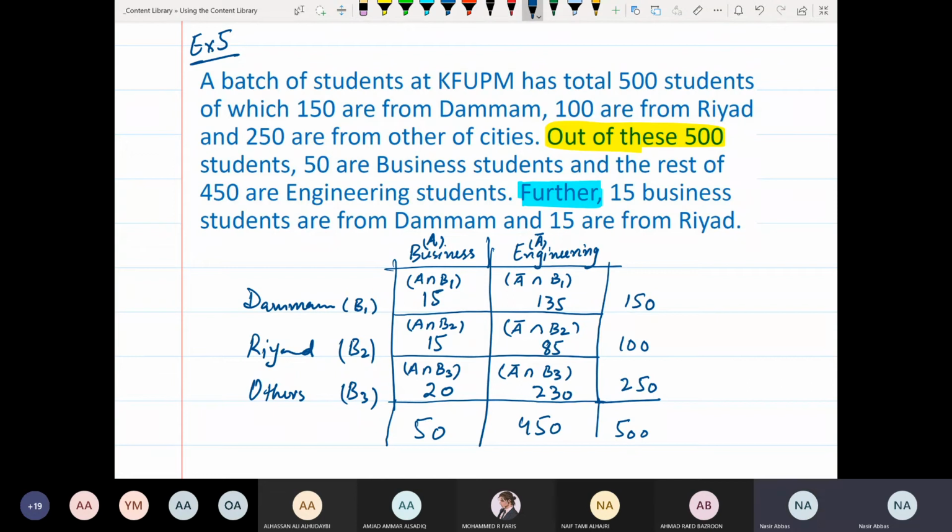Now, what if I give you two cells in between? I gave you 15, that was A intersection B1, and I gave you 15, that was A intersection B2 in the question. What if I give you only one?